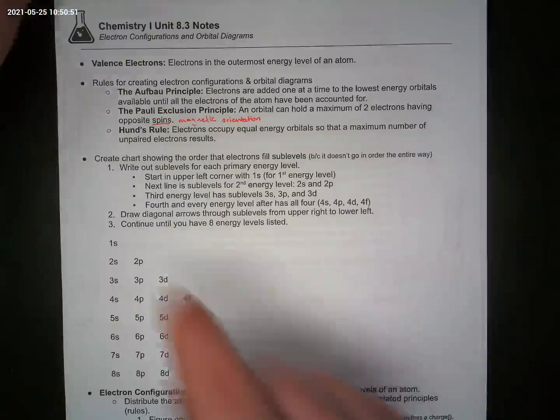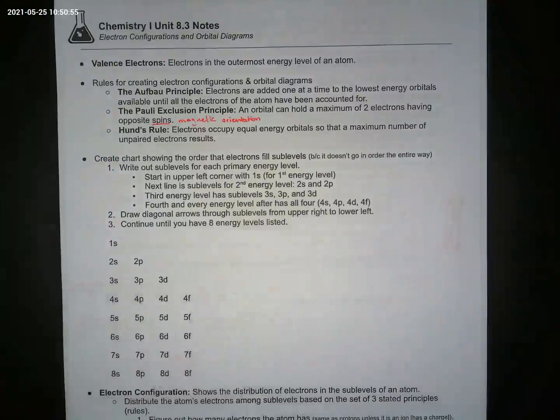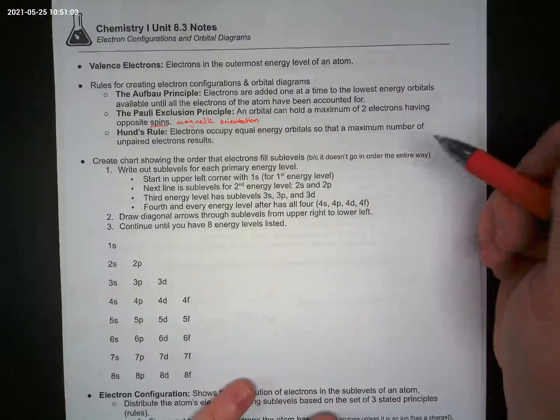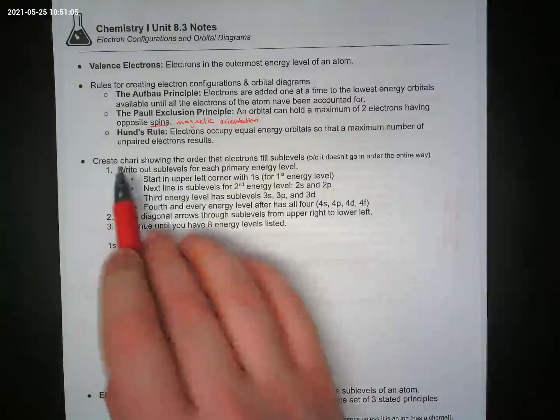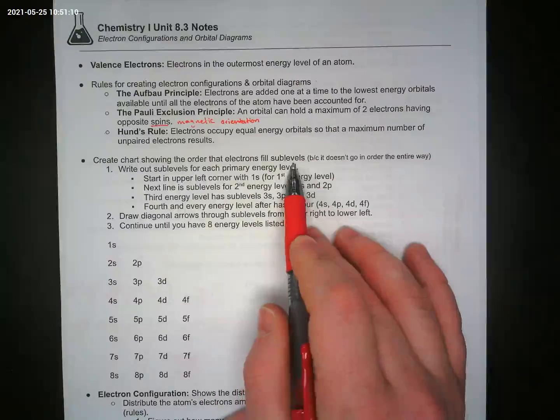So let's just get straight to making the electron configuration, understanding how we go from lower energy levels, then higher, and then higher, because it's not terribly obvious how we do that. So we're going to create a chart showing the order of the electrons that fill the sublevels.